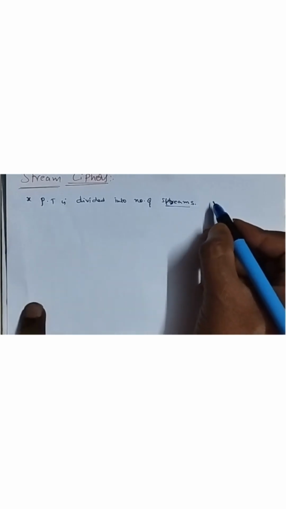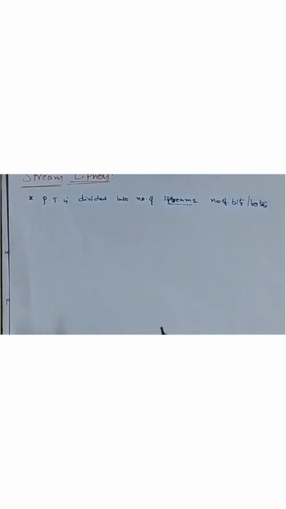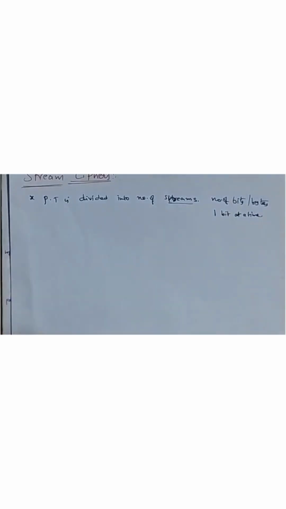Each stream is nothing but a number of bits or bytes. Here the data will be converted from plain text to ciphertext one bit at a time.